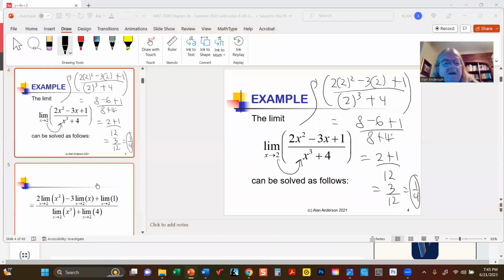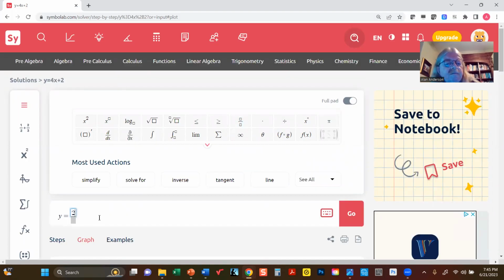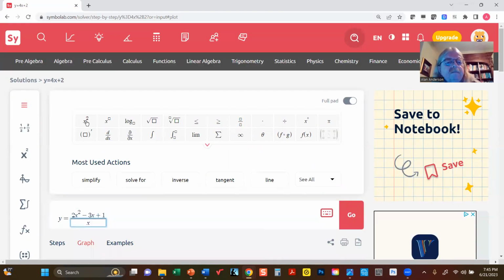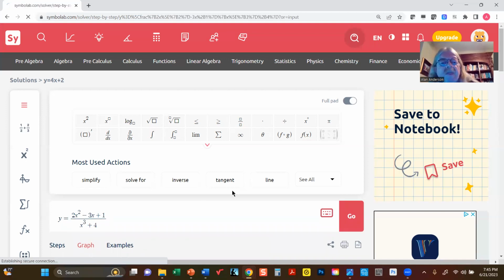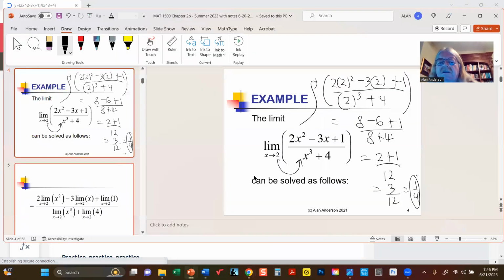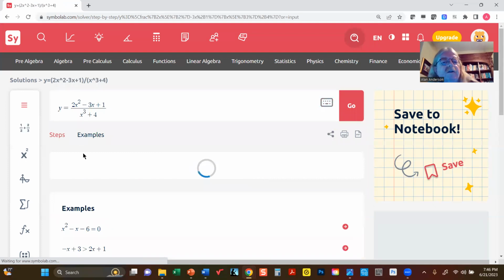Was it 2x squared minus 3x plus 1 divided by x cubed plus 4? And what we're really interested in is seeing what happens when x equals 2. Okay, so let's take a look.